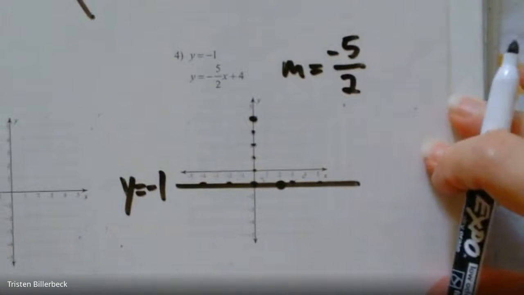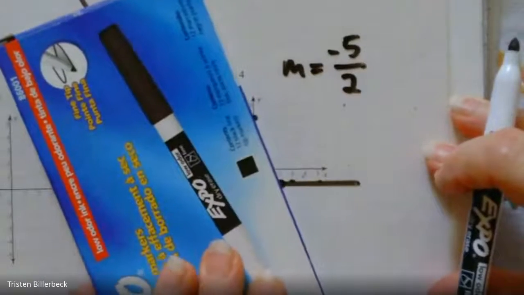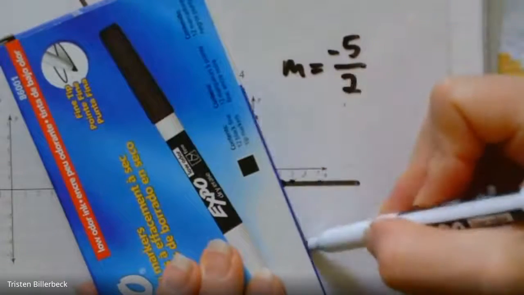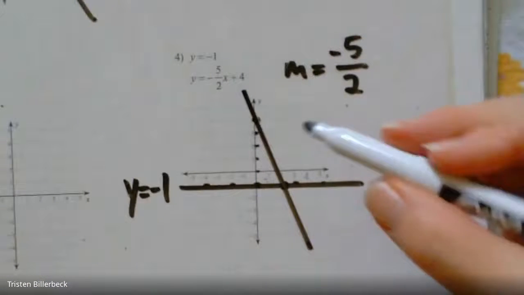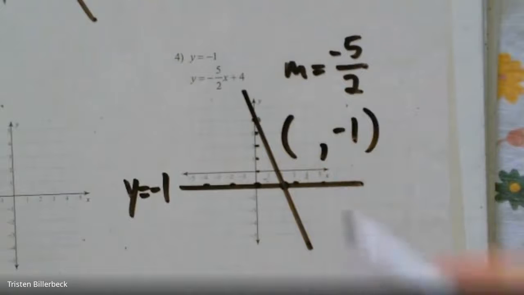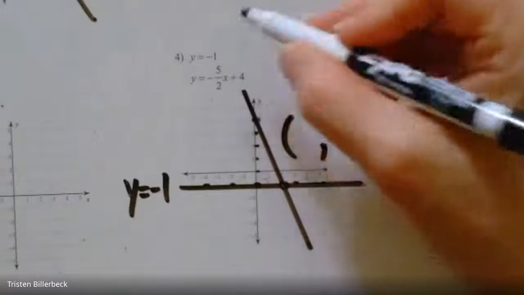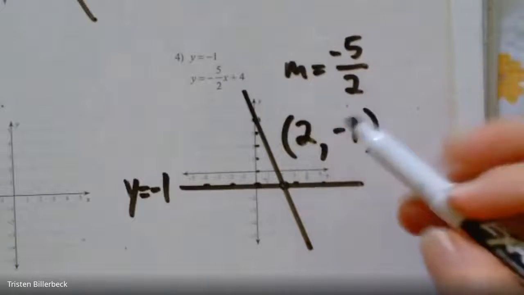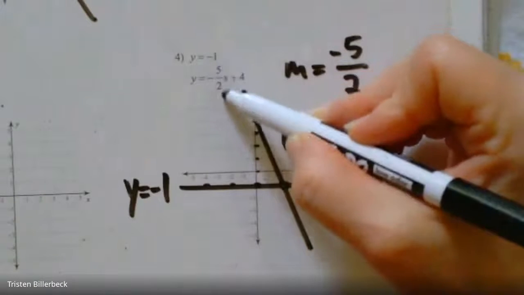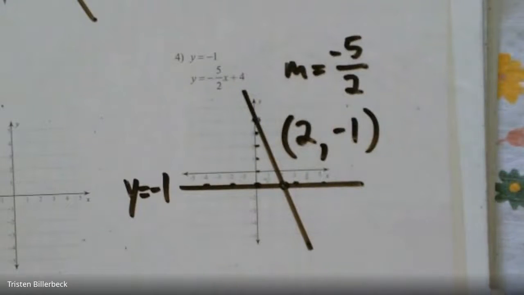All right, so when we do our intersection, it's right there, so we know that the y had to be -1, but the x was up in the air. What was it? So the x happened to be at 2. So if we check it, -5/2 times 2 is -5. -5 plus 4 is -1, and it checks out.